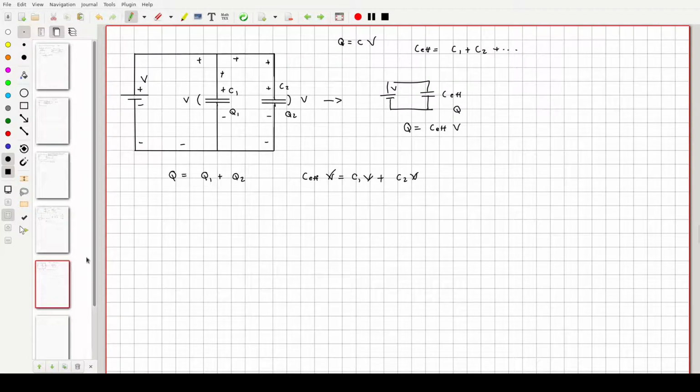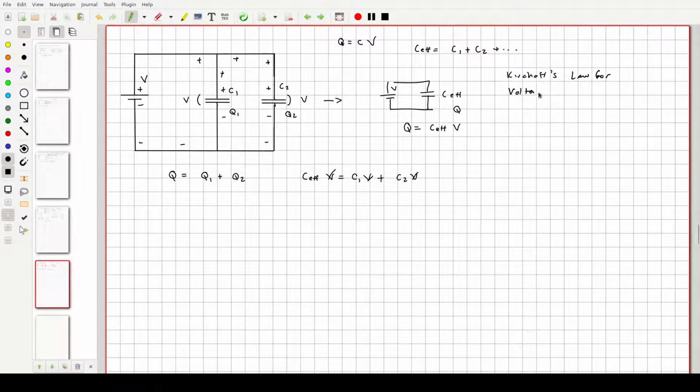The one for parallel circuits: in a parallel circuit, the voltages are the same. It's the same across all components.